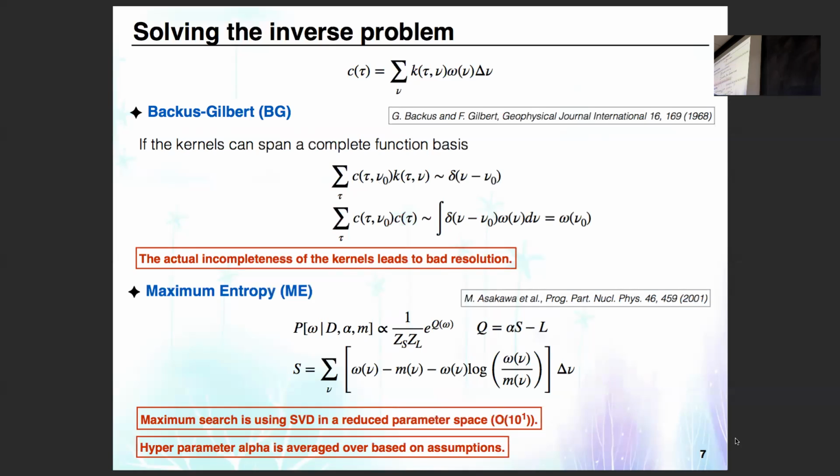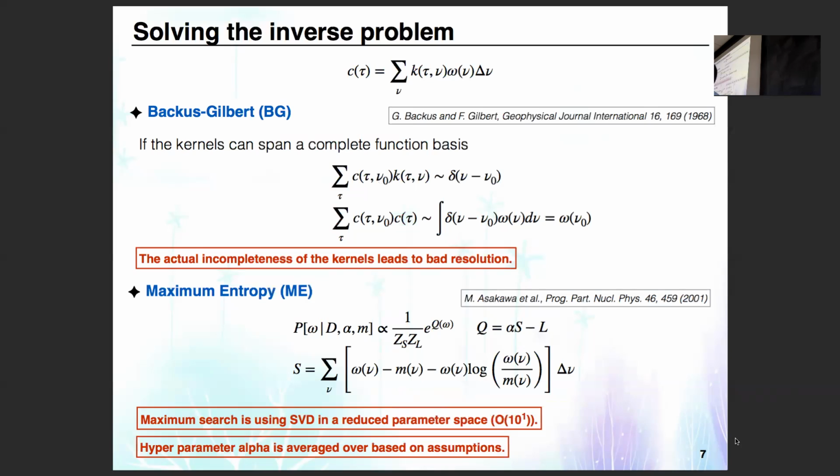If this is true, we can combine the coordinates with the same coefficients, and then we can get the function at a particular value of mu. However, in practice, the kernel functions are far from building a complete function basis, which leads to very bad resolution of this method.